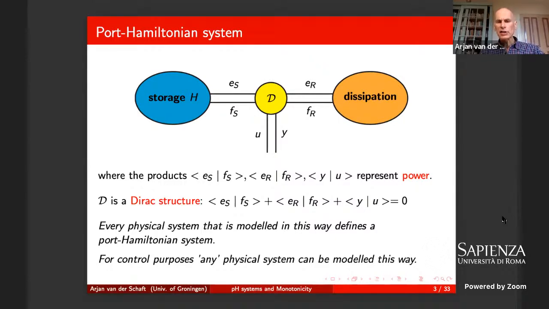So E_S times F_S is equal to the power going into the energy storing elements, for example. This Dirac structure is such that all the efforts and flows, the inputs and the outputs, are related in such a way that the total power is equal to zero. So the Dirac structure is power conserving, like Kirchhoff's laws.